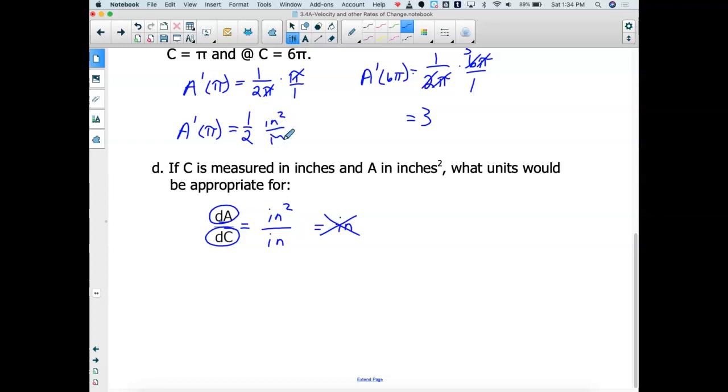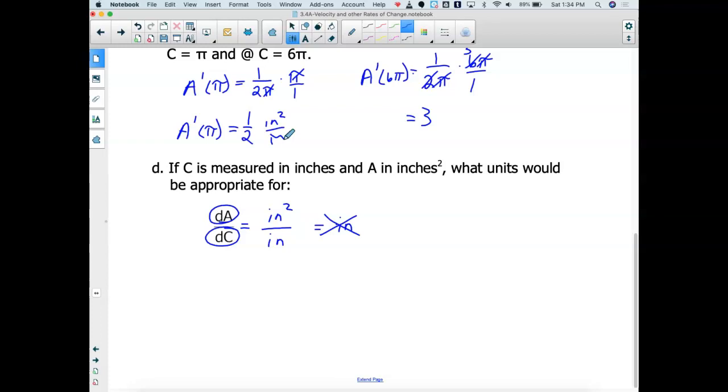Well, that means for every 1/2 inches squared, my circumference, or for every, let's see, how am I gonna say that? For every 1 square inch, the circumference is changing 1 inch, is what it really means.